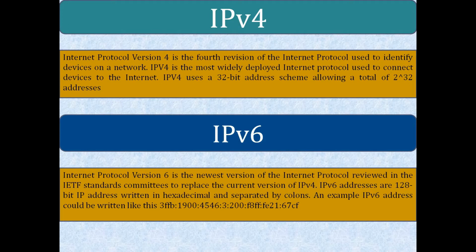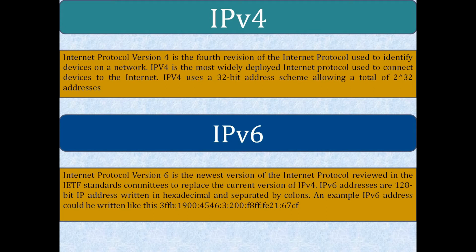IPv4 uses a 32-bit address scheme, allowing a total of 2^32 addresses. It means now we are using IPv4, which is 32-bit, and it allows internet connectivity to our computer. And IPv6 is the advance of IPv4.